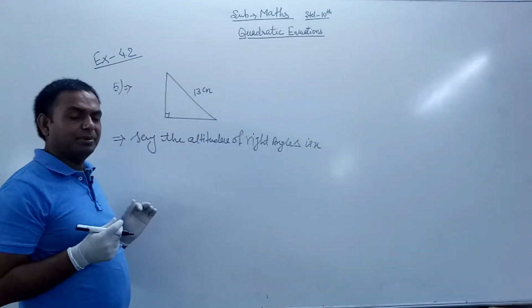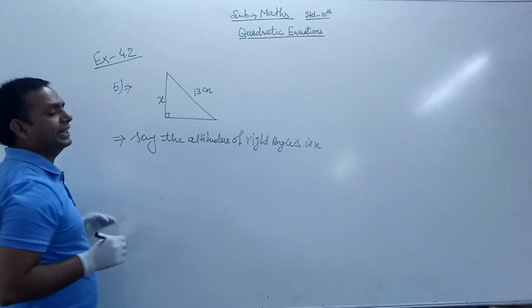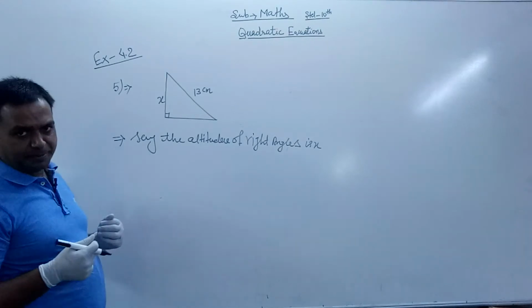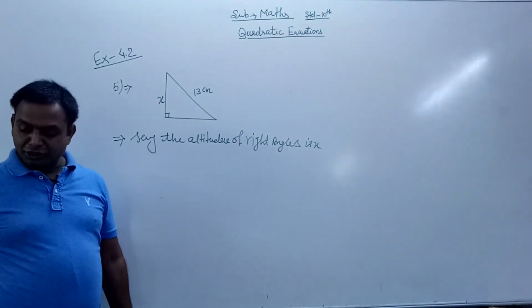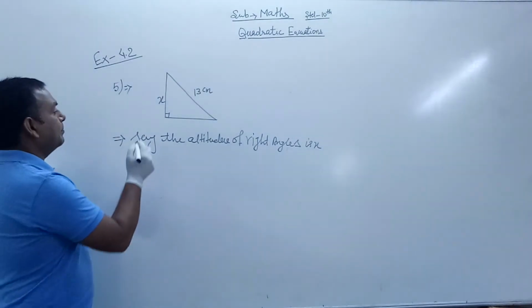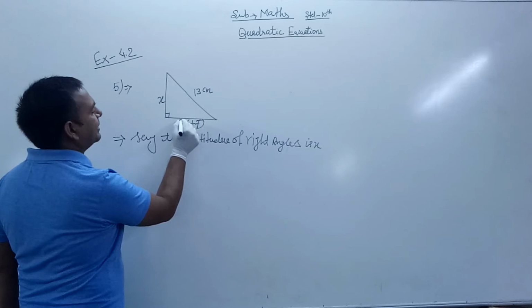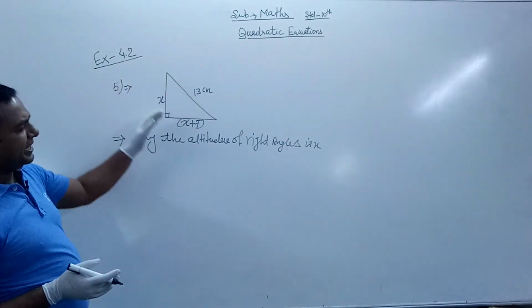This is the altitude, equal to x. The altitude is x, which is 7 centimeter less than its base. So here the base is x plus 7. This is the right angle triangle.